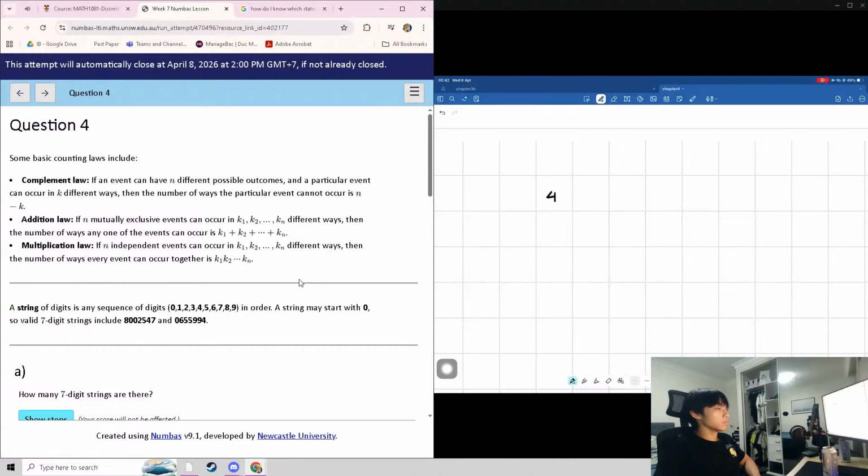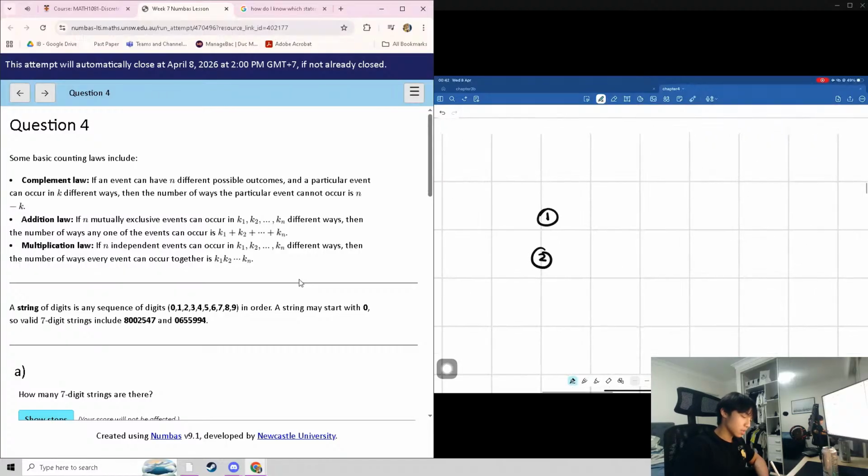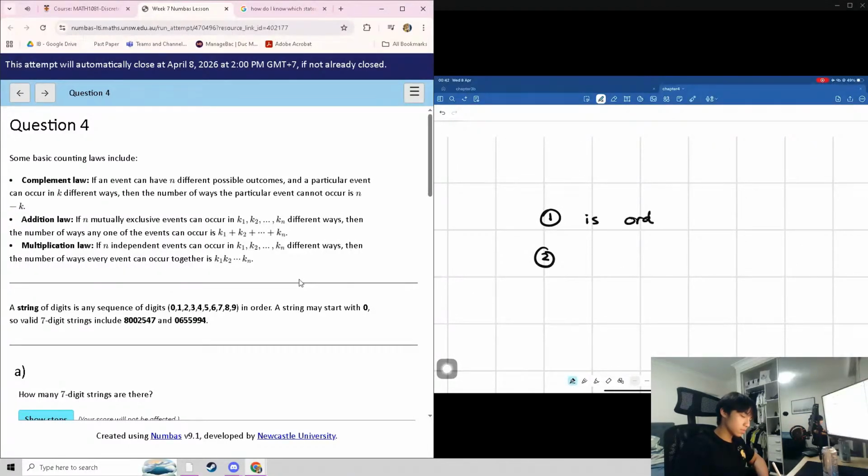The string of digits is any sequence of digits 0 to 9 in any order. So, two main questions that the professor always says: Is order important? Is repetition important?